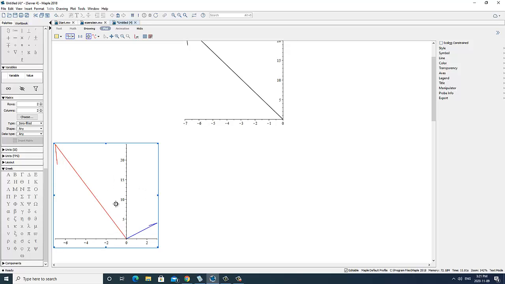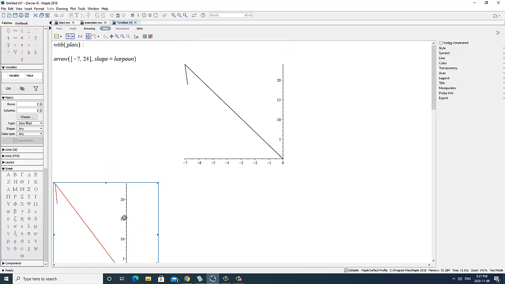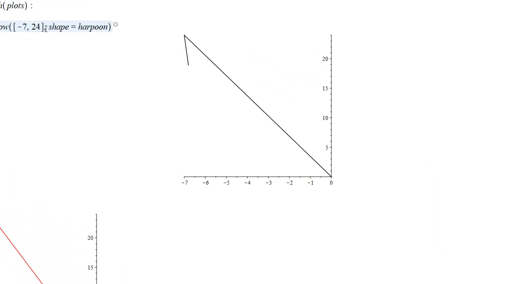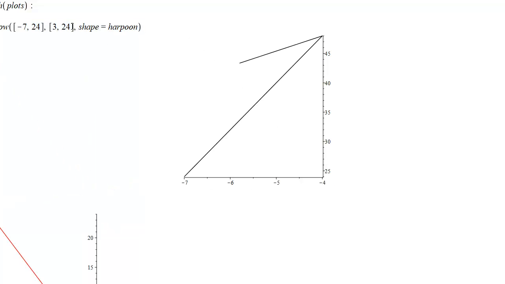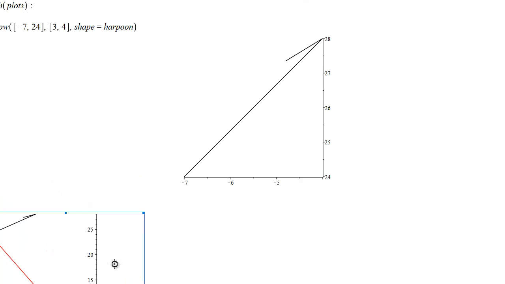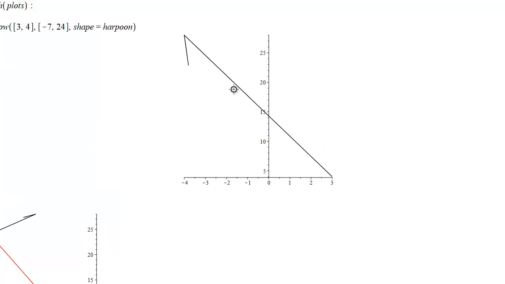Okay, now that's wrong. Now we can put this vector onto this right here. And then we could put the other vector on top.